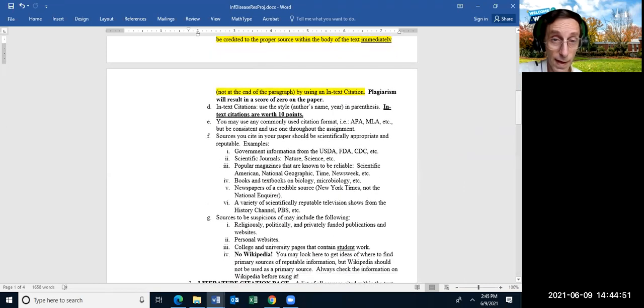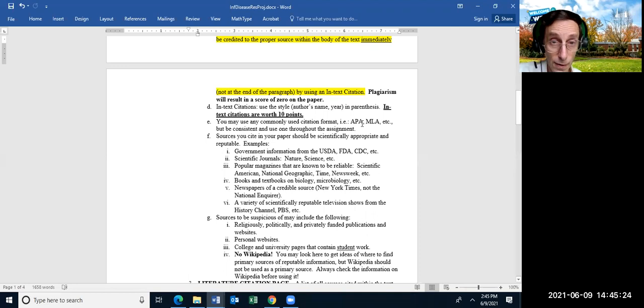You will have to have in-text citations in this paper, and in-text citations are worth 10 points. You may use any commonly used citation format. I think MLA was the one that you have for the plagiarism quiz, but you can use any other format. But make sure you're using all of that format throughout the paper.